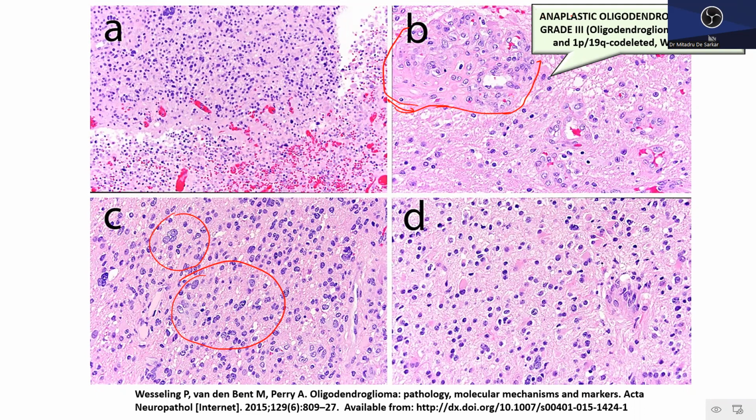We know that we don't use the terminology anaplastic anymore, so we'll call it oligodendroglioma, IDH mutated, and 1p19q co-deleted. But obviously, you know that in order to give this standard nomenclature, you will have to do a FISH or an NGS or a promoter methylation assay in order to reach the particular diagnosis.